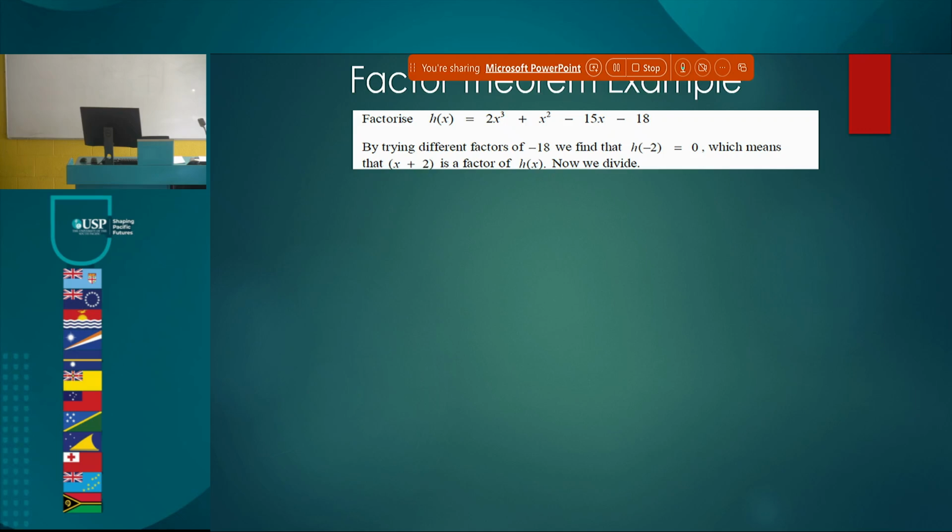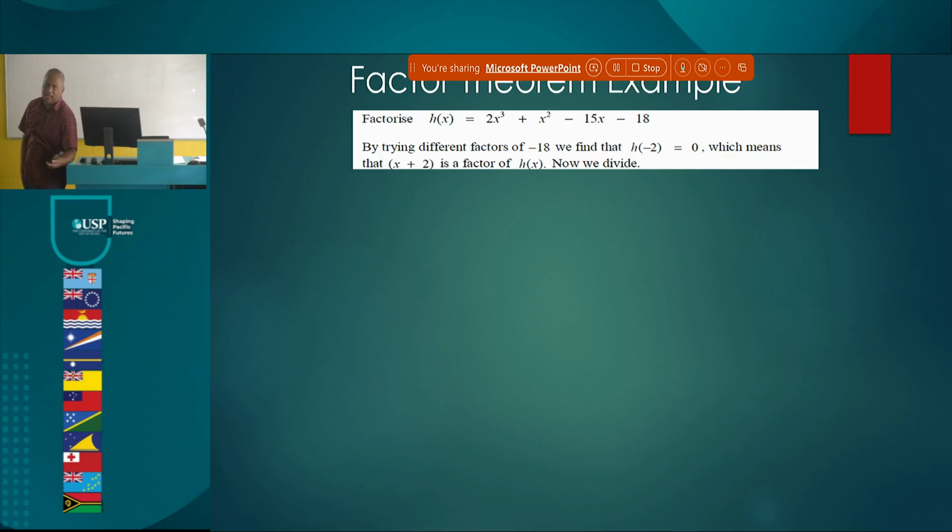If we substitute a number into this and we get a remainder 0, that should help us find one factor. Now, what number can we substitute? We will look for the factors of the constant term, negative 18. What are the factors of negative 18?